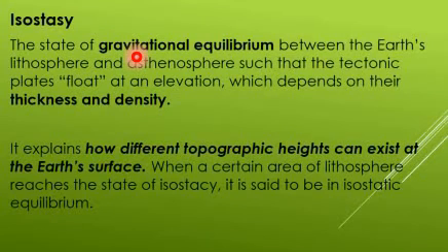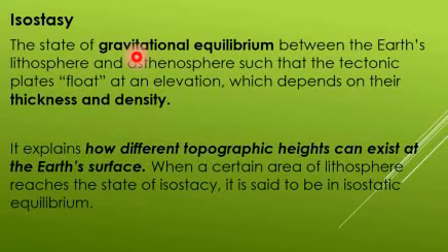And then we have also what we call isostasy. Pag sinabi nating isostasy, it is the state of gravitational equilibrium between the Earth's lithosphere and the asthenosphere such that the tectonic plates float at an elevation which depends on their thickness and density.